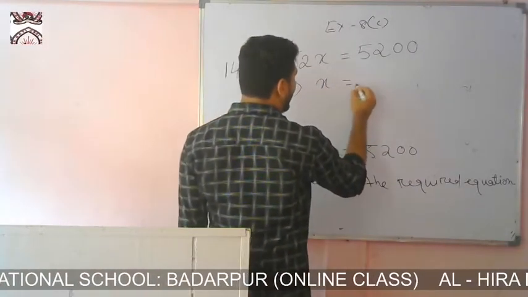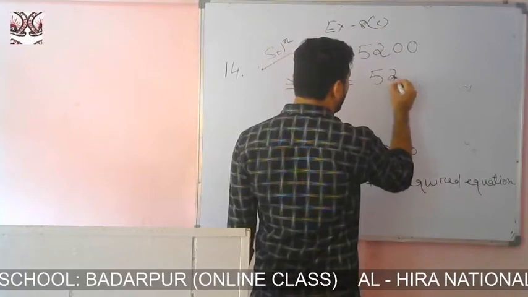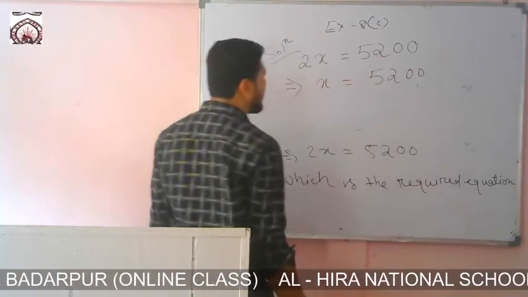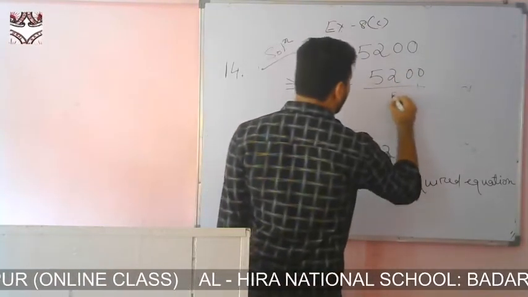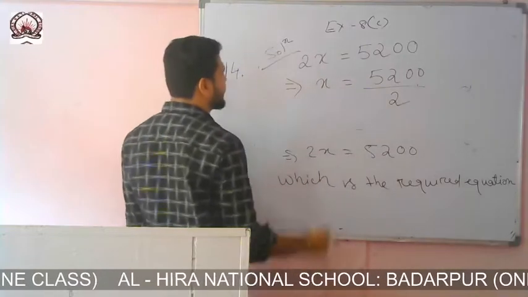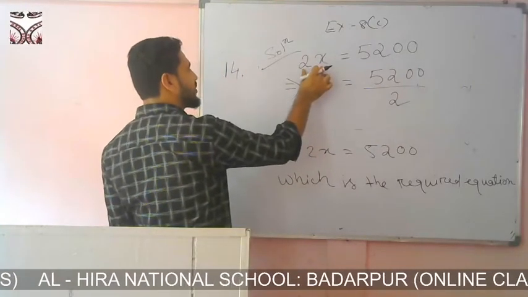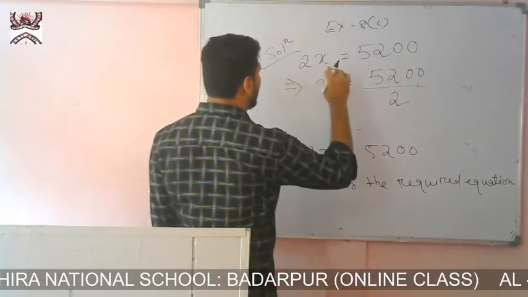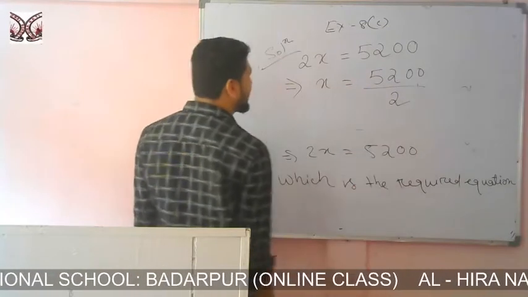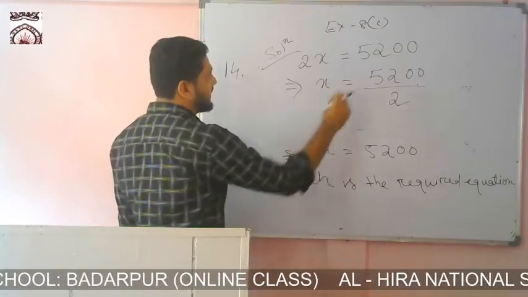From here I can find x. Right, x equals 5200. Okay, then if I divide by 2, then I will get the answer, because 2 and x are in a relation of multiplication, if I transpose it to the right side of the equal sign, then I will divide it.